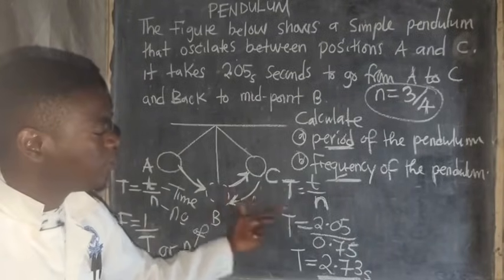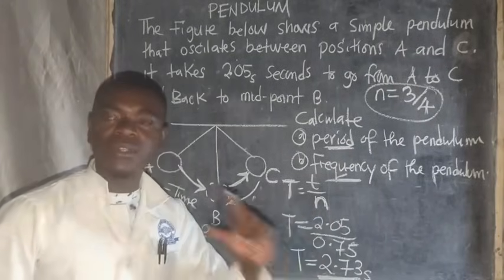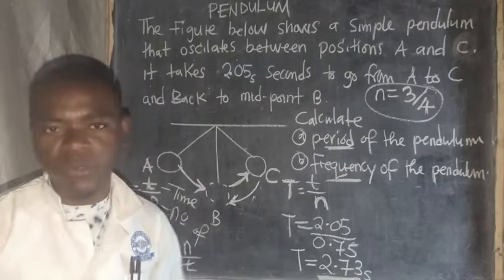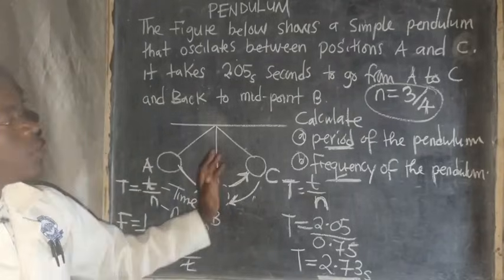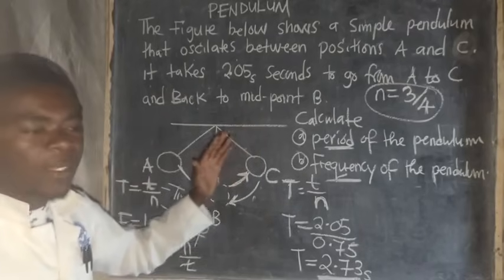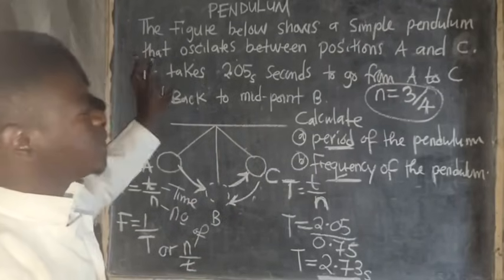So the most important thing is knowing the value of n. Once you know the value of n, then things won't be that difficult. Hope you are able to see. I'm not only teaching you how to answer this particular question, but how you can answer a similar question that gets to come.